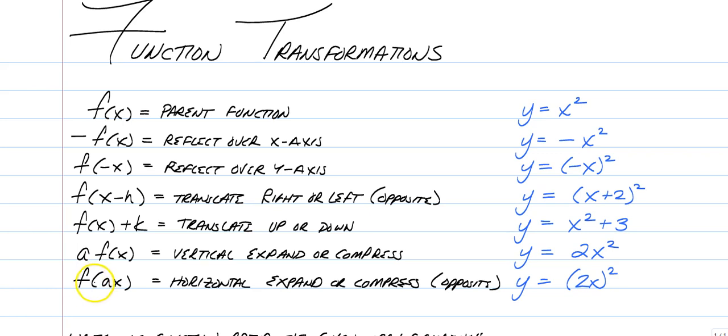And if you multiply your x value, that is a horizontal expansion or compression, but again, it is opposite of what you would think. So this 2x on the inside means we are horizontally compressing by 1/2. Those are the list of transformations you'll need to know.